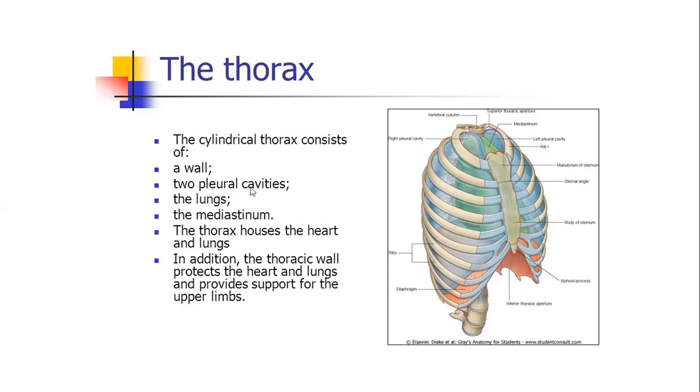So pleura, along with its cavity, which is called the pleural cavity or the pleural space, lines or covers the lungs. So lungs are located on either side within the thoracic cavity, right? So what lies between the lungs?